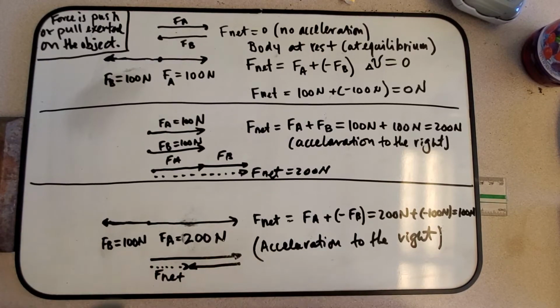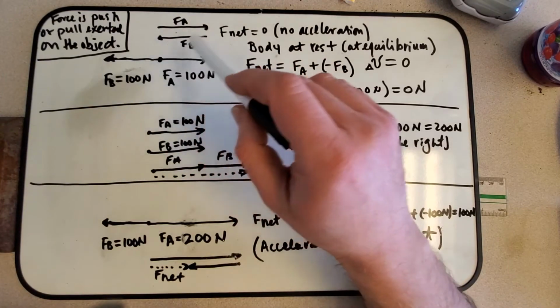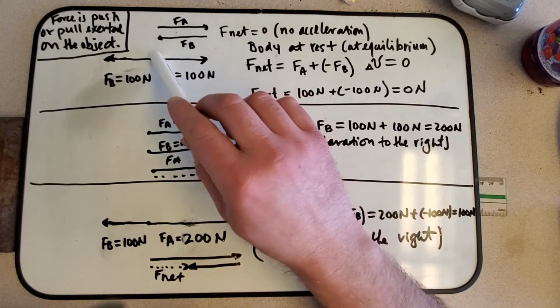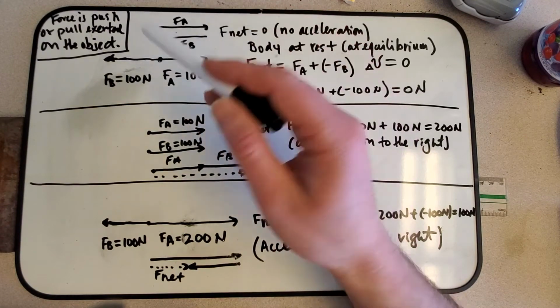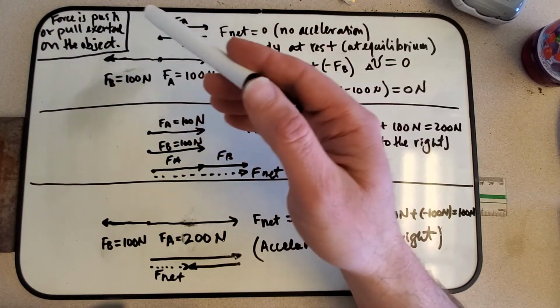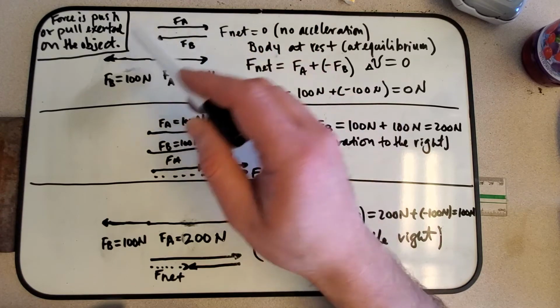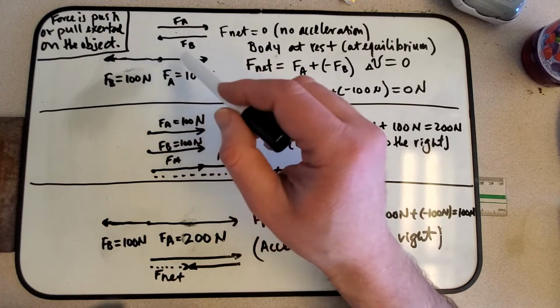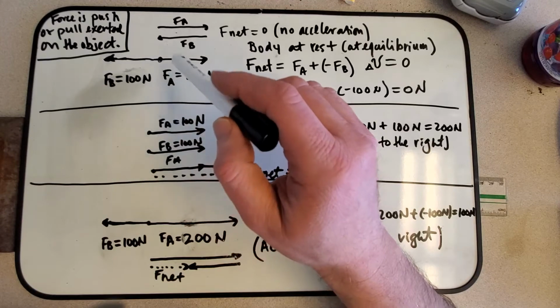Now, let's take a look at the first example. Let's say I got two pretty strong individuals. They are fighting for something that each of them wants, trying to pull that object from one another.